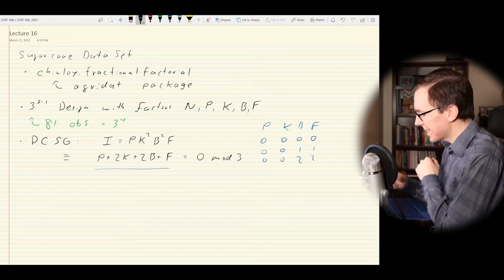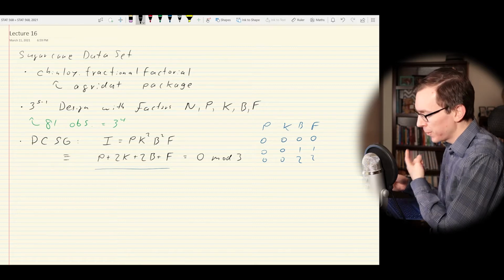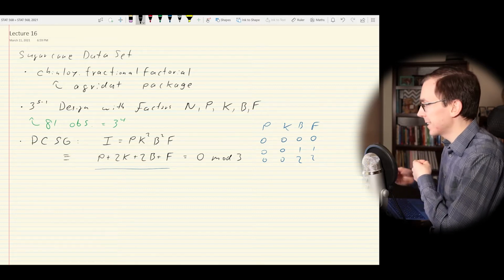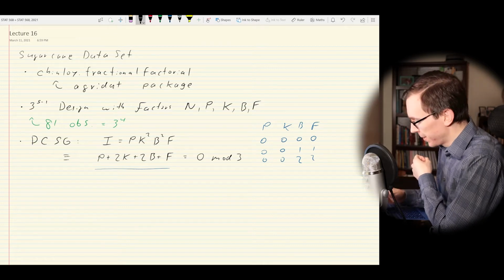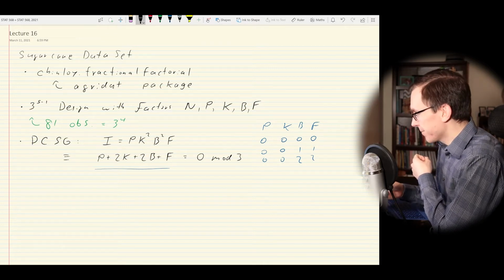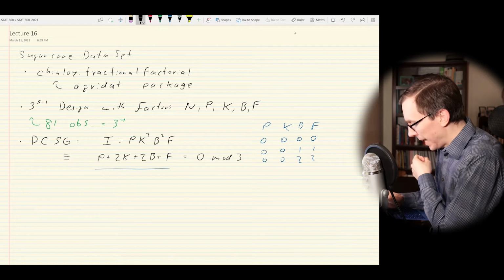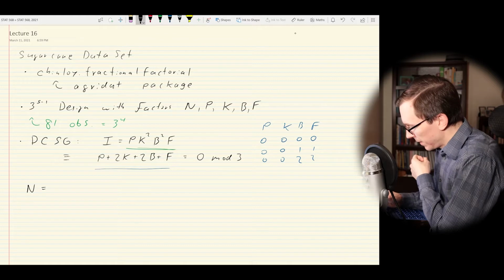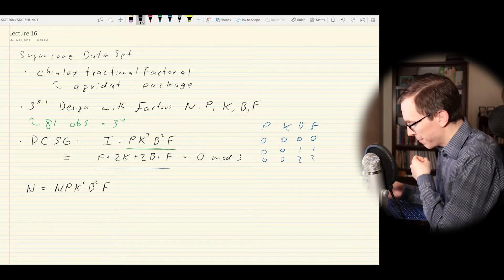Anyway, right, so this is the defining contrast subgroup. There's only one element that we have to worry about, but it's still going to lead to some interesting complications. So, for example, if we want to figure out what n is aliased with, what we do is we would multiply n by this element, which is n times p times k squared times b squared times f.